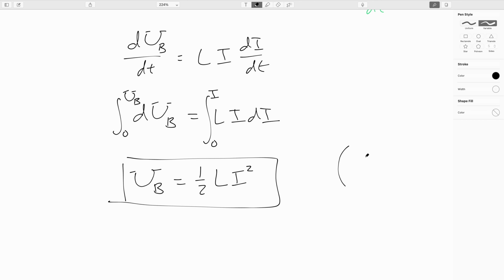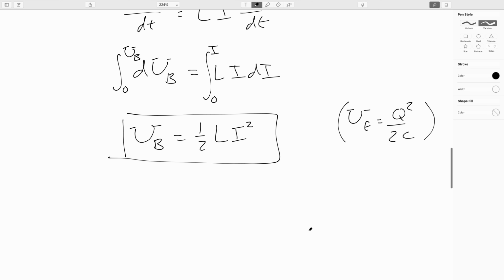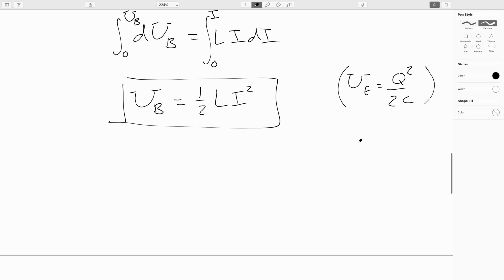And just for comparison's sake, we remember that in a capacitor, the energy stored in the electric field was equal to Q squared over 2C. And we're going to follow the same kind of trick here.